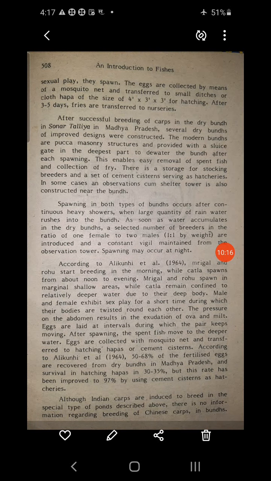Now next we switch over to the spawning. In both types of bunds, it occurs after continuous heavy showers, when a large quantity of rainwater rushes into the bund. As soon as water accumulates in the dry bund, a selected number of breeders in the ratio of one female to two males are introduced, and constant vigil is maintained from the observation tower, and spawning may occur at night.